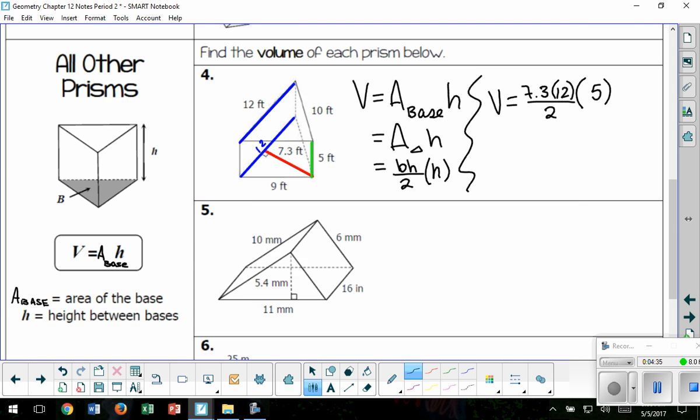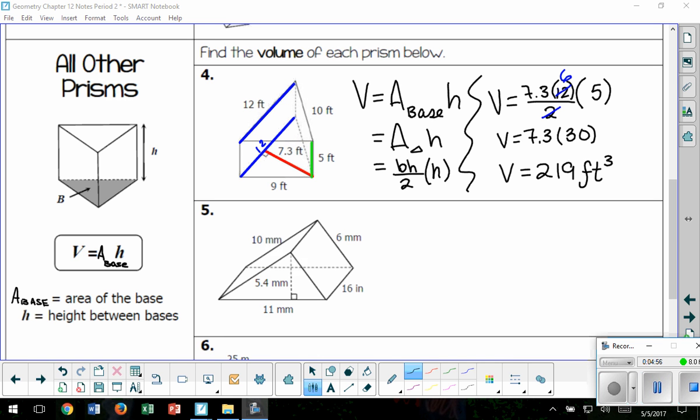If you don't want fractions, which none of us like, cancel this out. Now you don't have fractions. 6 times 5 is 30. So 219 feet cubed.